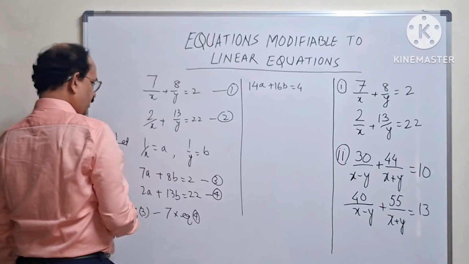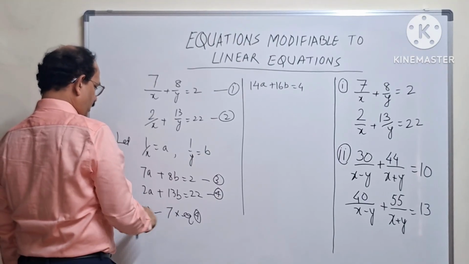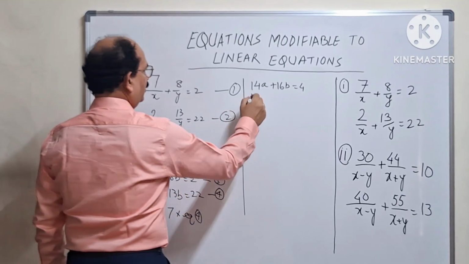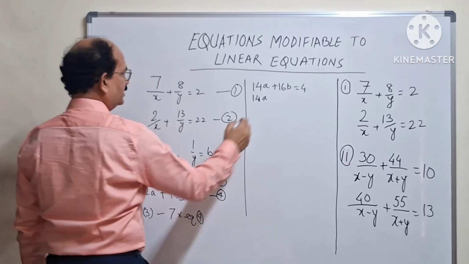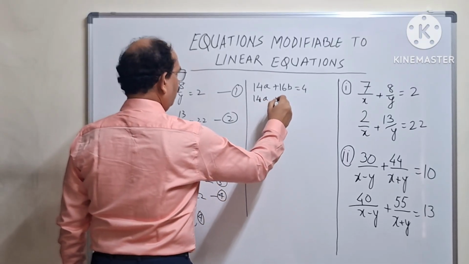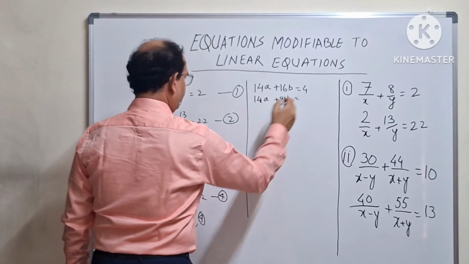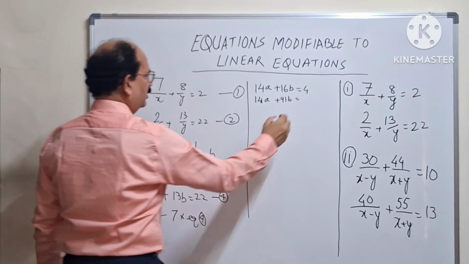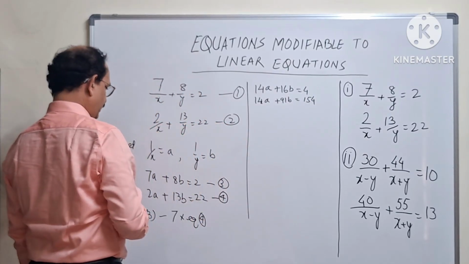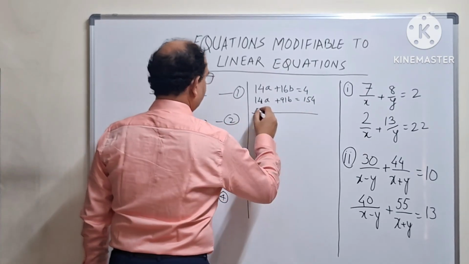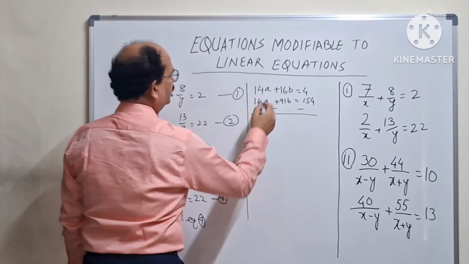And equation number 4 becomes 14a and 7 13s are 91b, and that becomes equal to 154. Okay. Now if we subtract these, the signs will change.